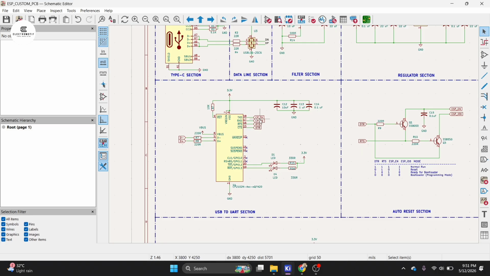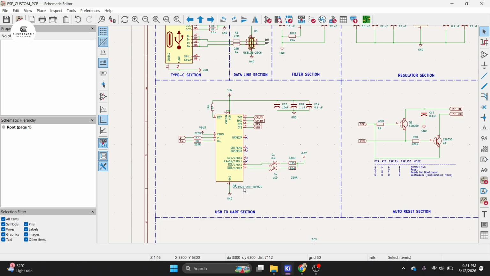In this design we are using the CP2102N IC. It is a bridge for communicating between USB and UART. It is made by Silicon Labs.